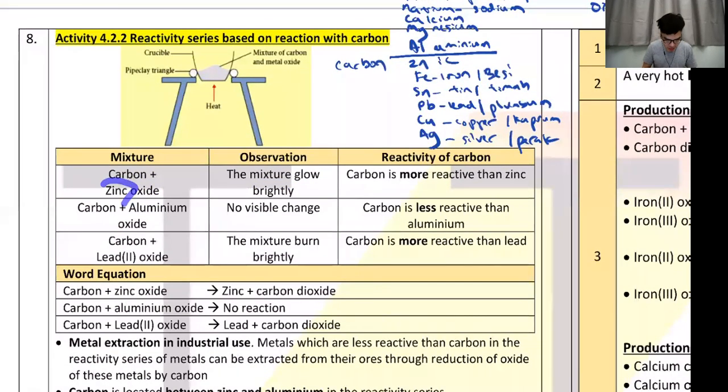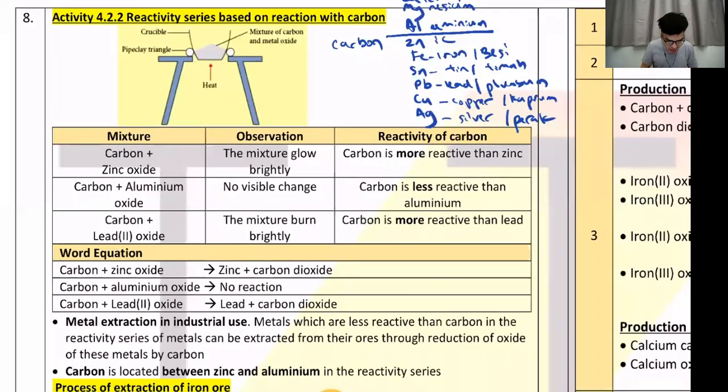Carbon and zinc oxide, you get zinc and carbon dioxide. Okay, where's the wife of zinc? Where's the oxygen? No more. Gonna be snatched by carbon already because carbon is a better looking guy. If as a girl you're married to someone and then a better guy comes looking at you, of course you'll follow the guy. Maybe you won't. I'm just saying, okay, this is chemistry.